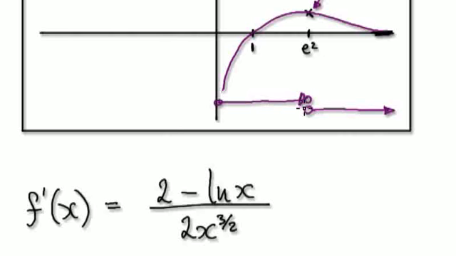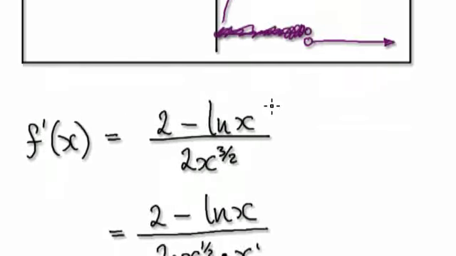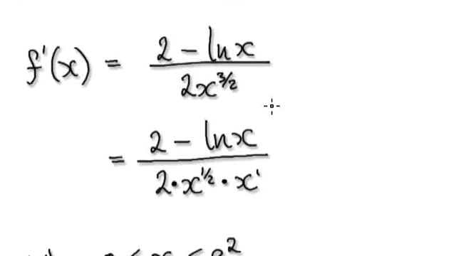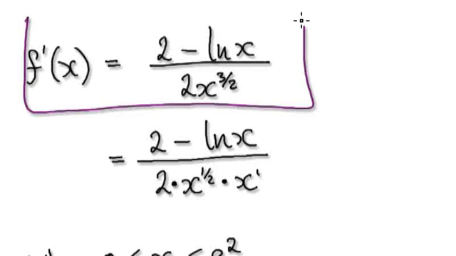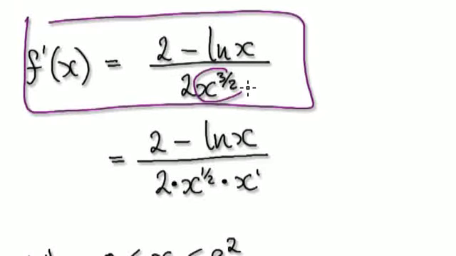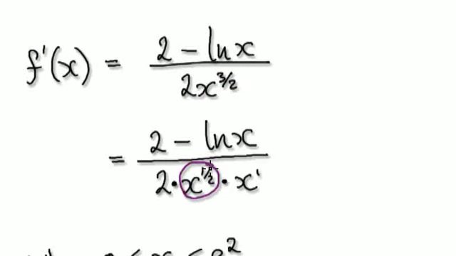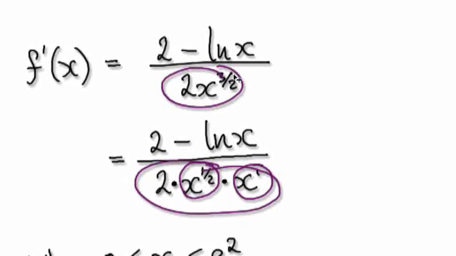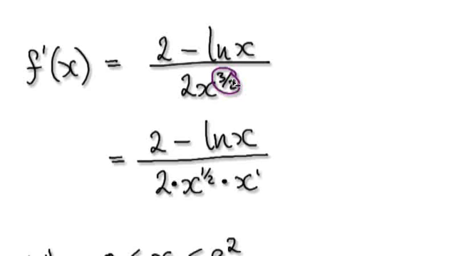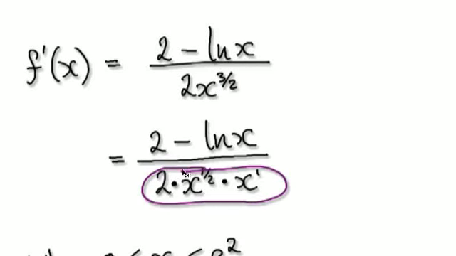This thing is really hard to understand, so we're just going to visualize it like this: x to the power of half times x to the power of 1. We don't really understand what it means to have a power of 3 over 2, so let's just imagine it as this.